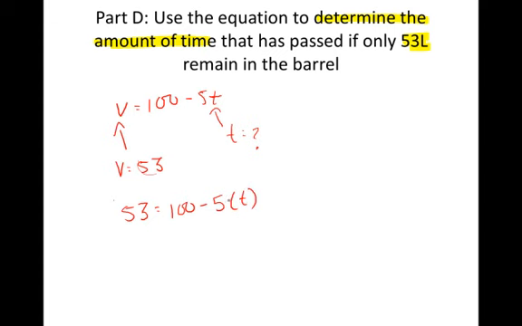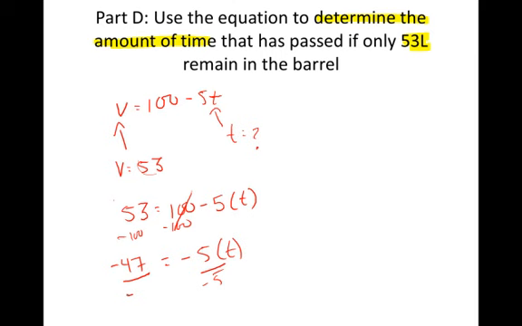Then we solve this like we've always been solving these equations. First thing is I want to isolate t, so I'm going to bring this 100 over: minus 100 minus 100. That crosses out the 100, and I'm left with negative 47 on this side, equals negative 5 in brackets t. These are being multiplied, so I'm going to divide by negative 5 to cancel out the negative 5 on the right hand side.